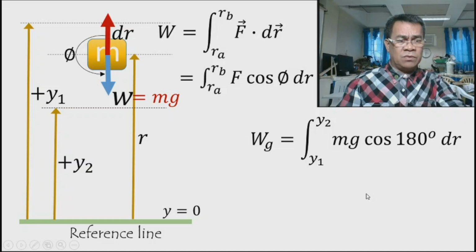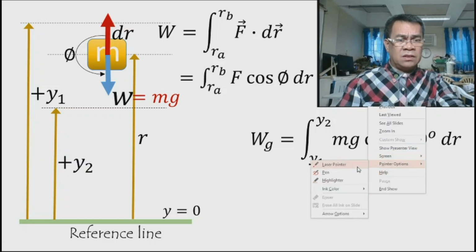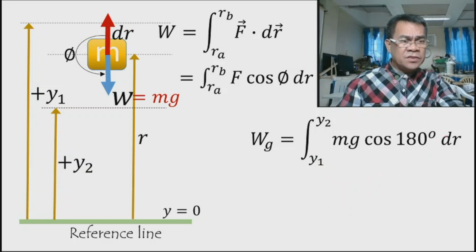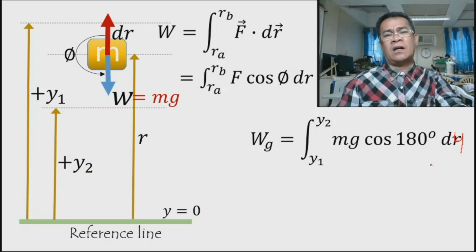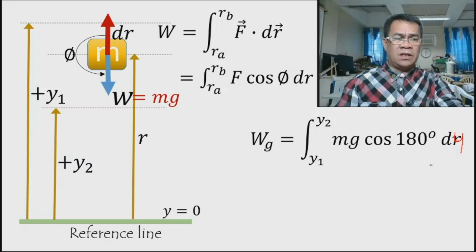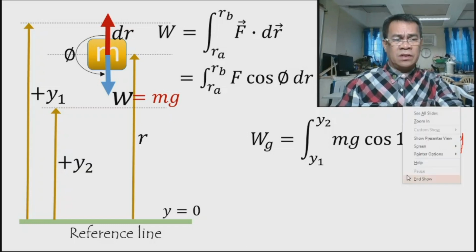By the way, this dr is actually the change; change this to dy. This should be dy because we want to know along the y-axis only. R represents x, y, z components, but in this case, we have only one component, and it is the y-axis.